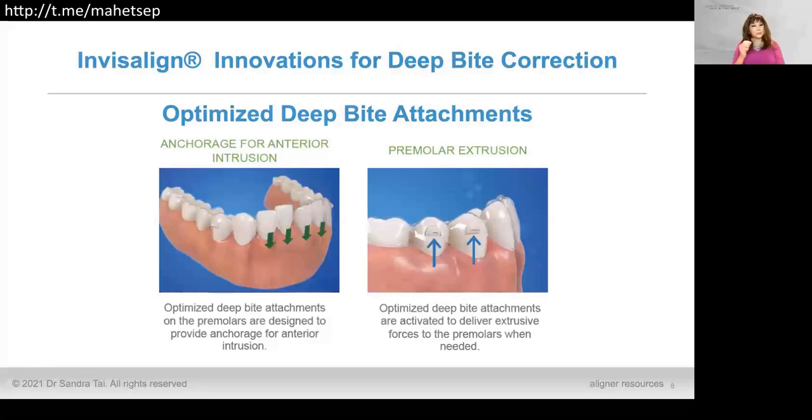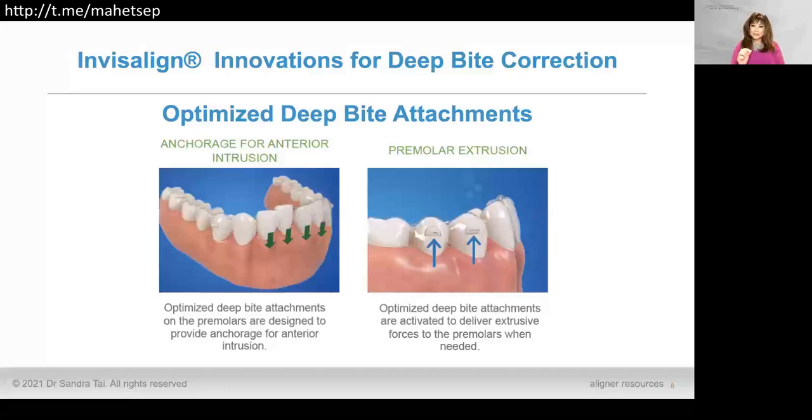Now, when you go to the prescription form and you click the box that says anterior intrusion, posterior extrusion, then these optimized deep bite attachments become activated. They're activated so that an extrusive force is built in to push against the active surface of the attachment, and when the aligner is fabricated, there is a small space on the occlusal so that when the tooth extrudes, there's going to be a space for the tooth to move into.